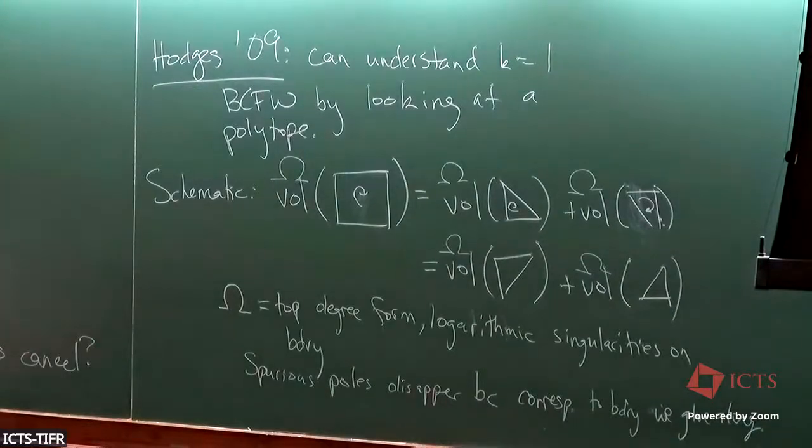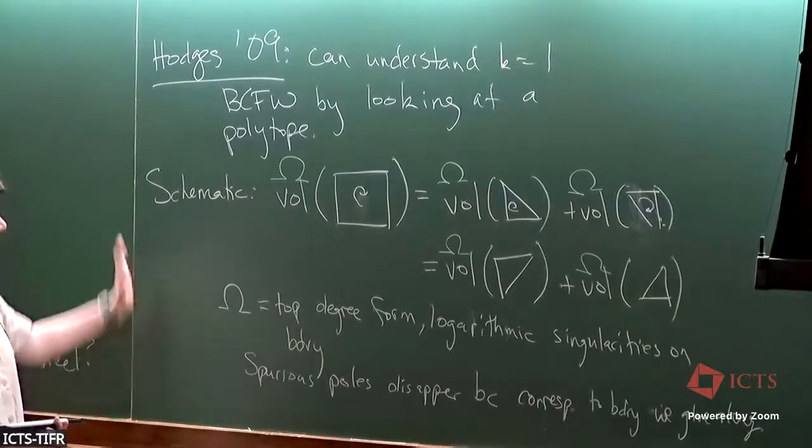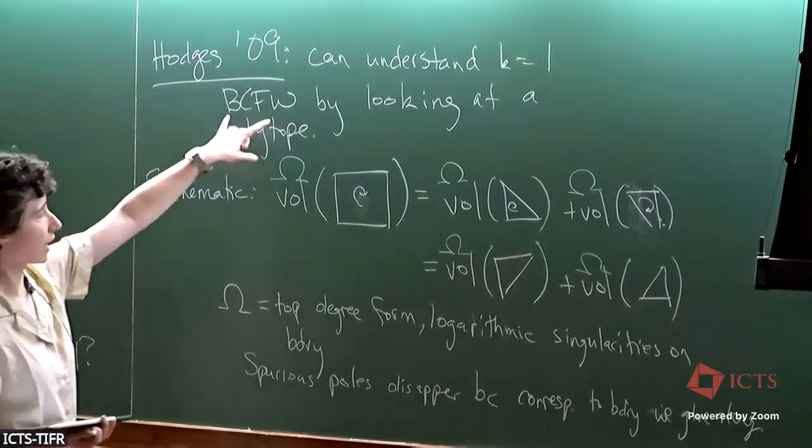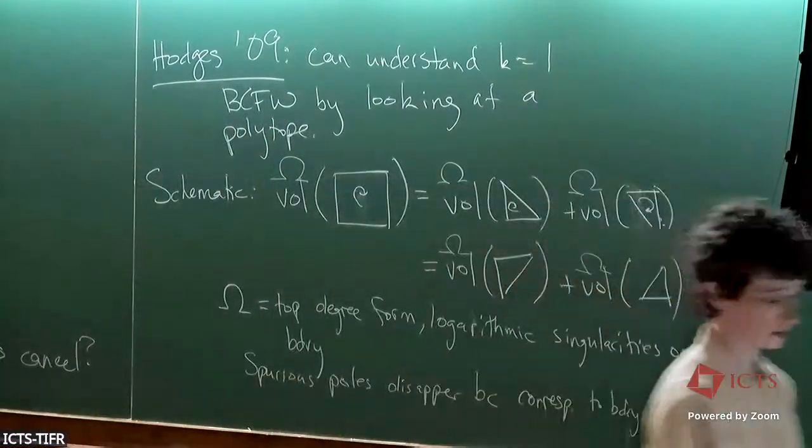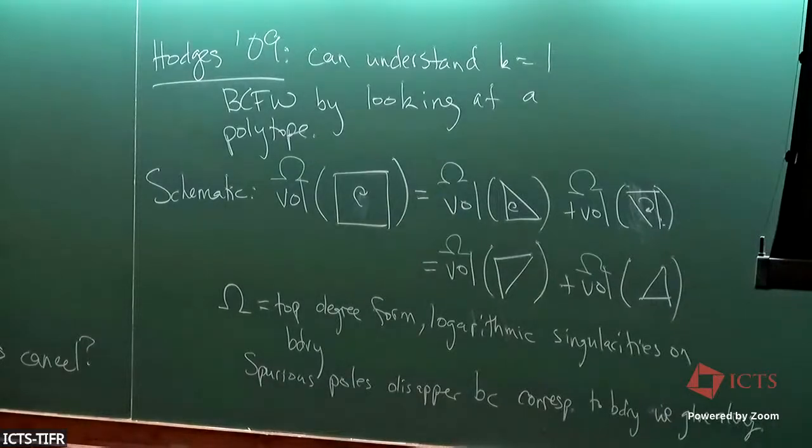Okay, so this understanding of the k equals 1 BCFW formulas leads us to a problem. The answer to this problem that I'm proposing will be an answer to those questions we were asking over there.